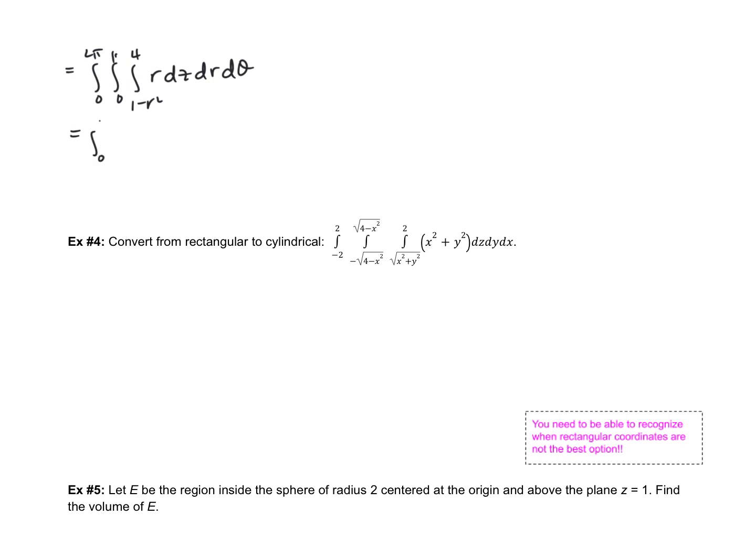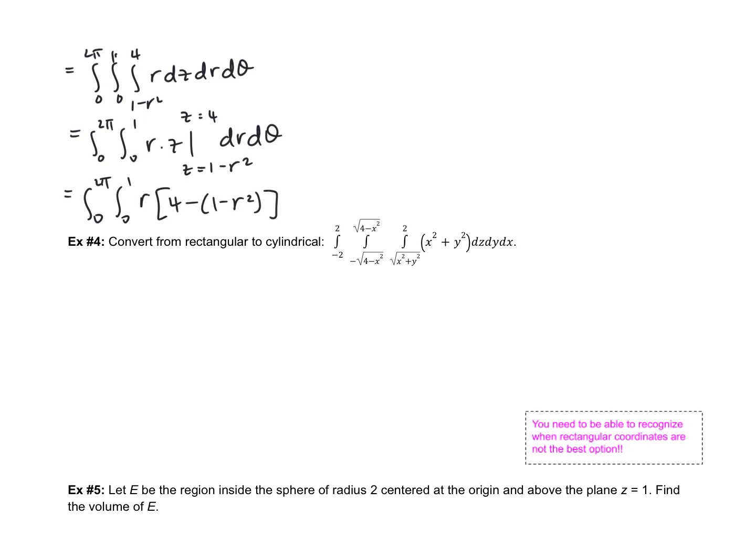So this will give me 0 to 2 pi, 0 to 1 of r times z from z equals 1 minus r squared to z equals 4. So doing a little simplifying, this will give me r multiplied by 4 minus (1 minus r squared), and then we have dr d theta.